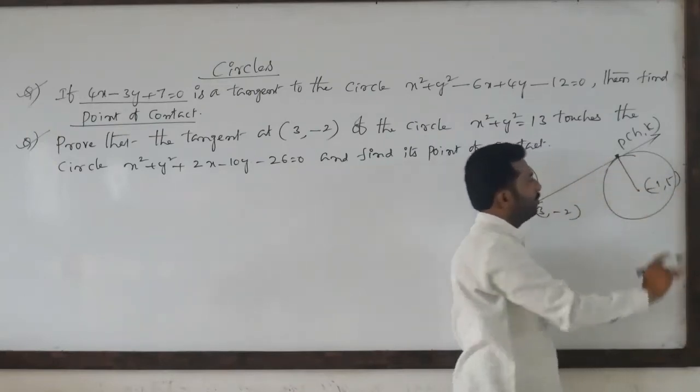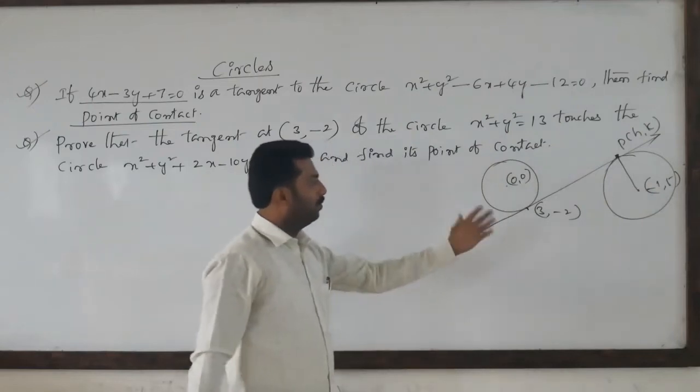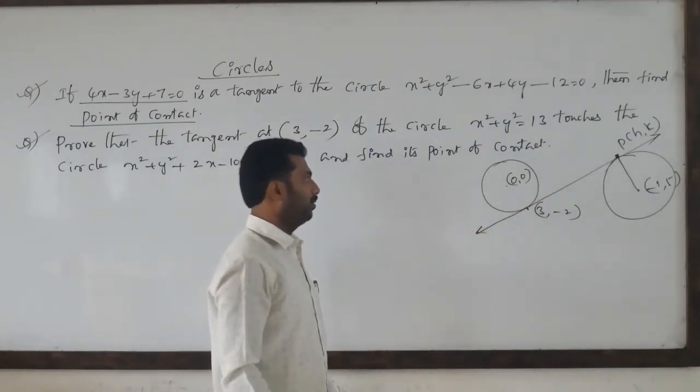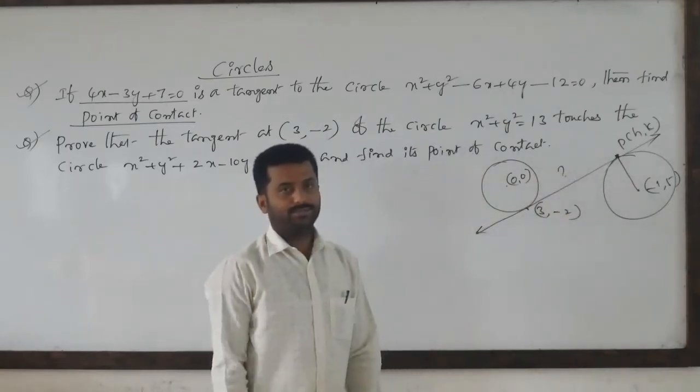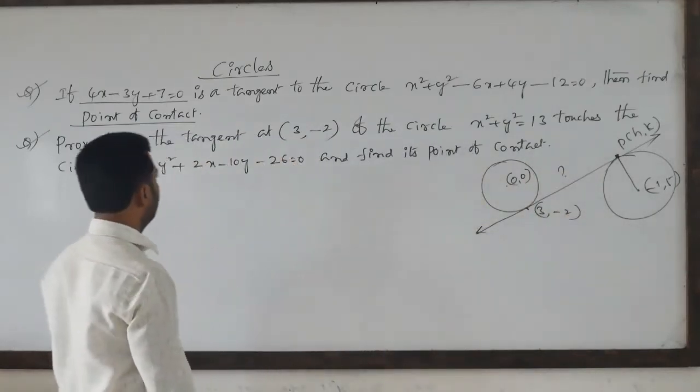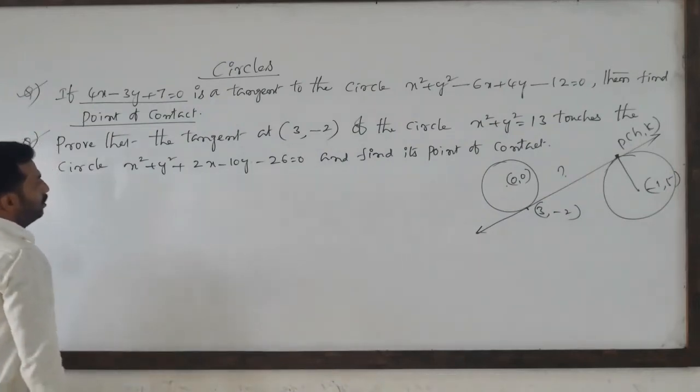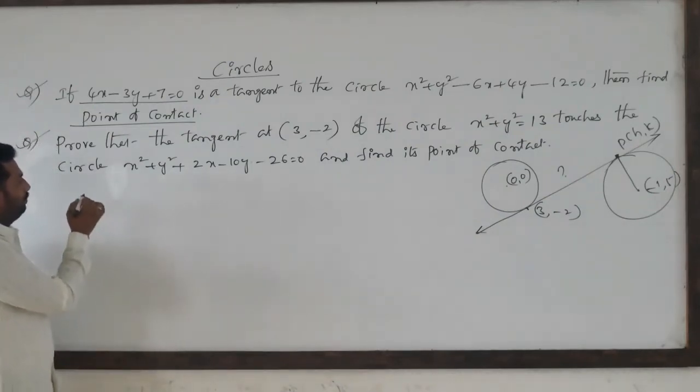Same previous method is there only, no? So foot of the perpendicular we have to calculate. To calculate the foot of the perpendicular, you should know what is this tangent. What is that tangent we have to take? So first circle.